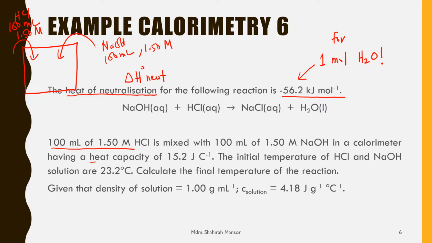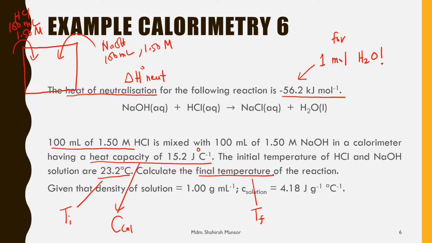And heat capacity of the calorimeter is given. Okay, so this is capital C of calorimeter. Initial temperature of HCl and sodium hydroxide is given. So this is the T initial. Calculate the final temperature of the reaction.